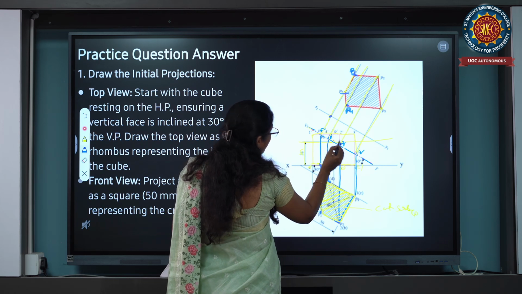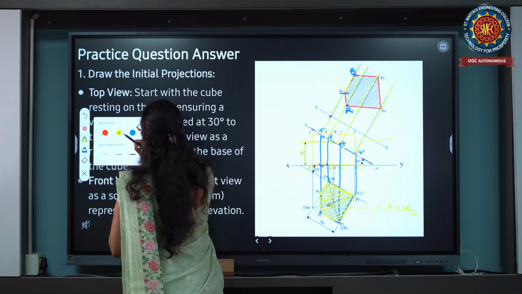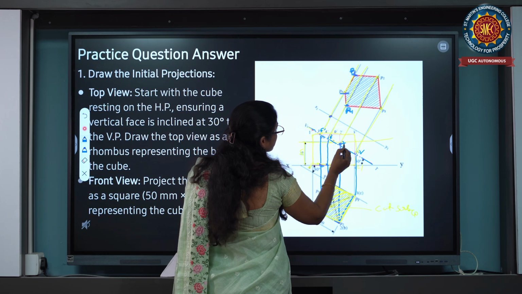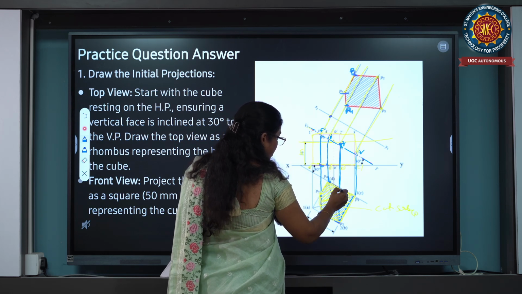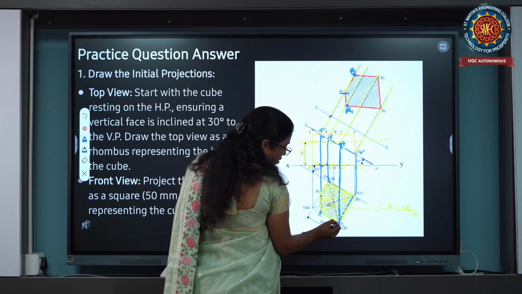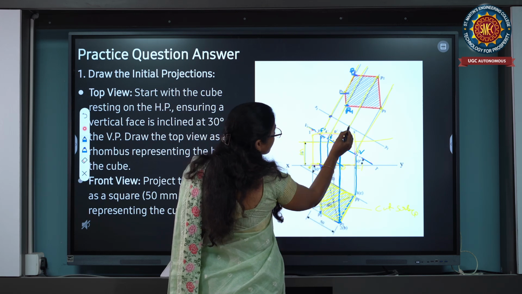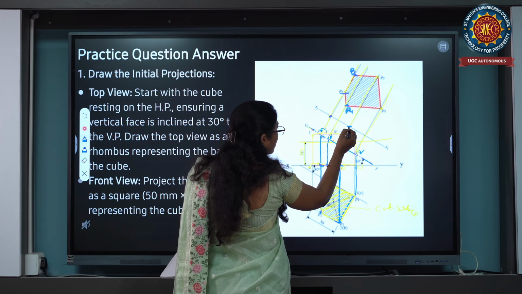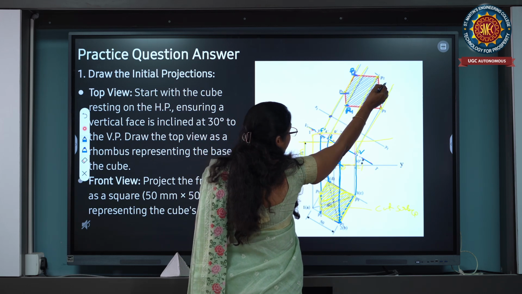Next, you need to take this Q point. From here onwards, draw one line perpendicular to the XY line to meet the square prism. That point you need to take from X to this point as a radius. From here onwards, set the compass and cut an arc on that line.